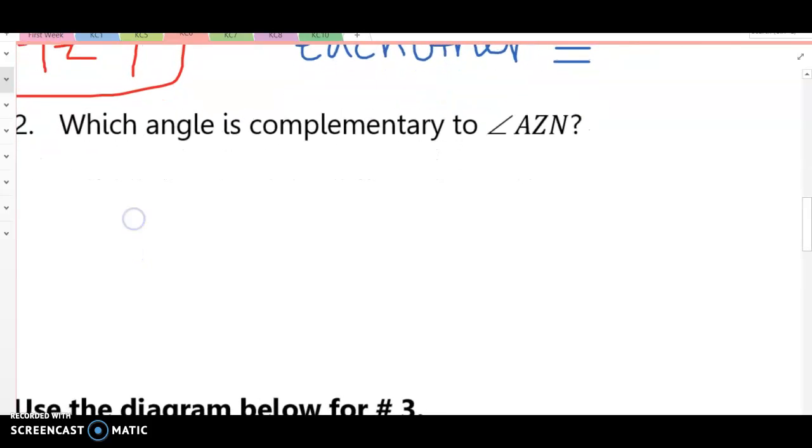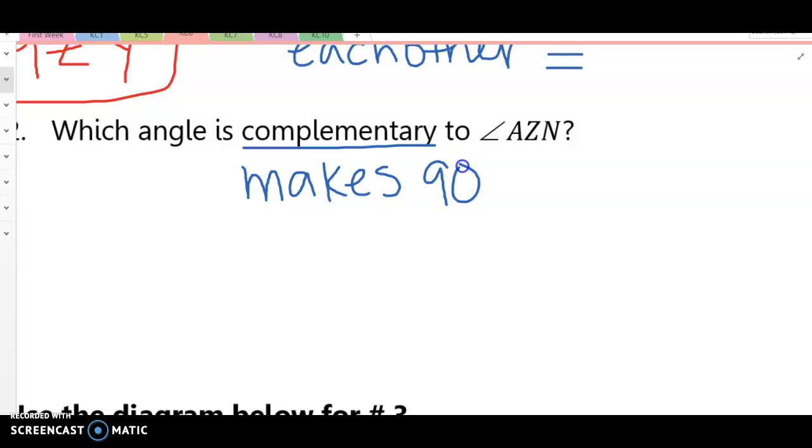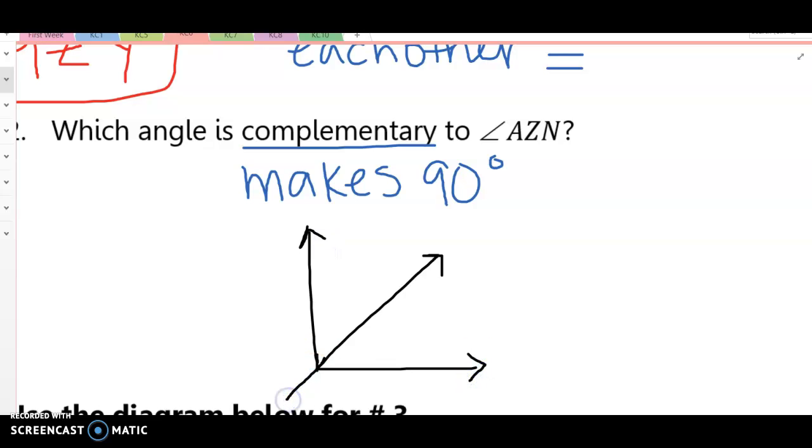Now it's asking which angle is complementary to angle AZN. Complementary means that it makes 90 degrees, okay? An example is, let's say you had these two angles, right? You had some intersecting lines going on right here. Well, you see right here is a 90-degree angle, okay?